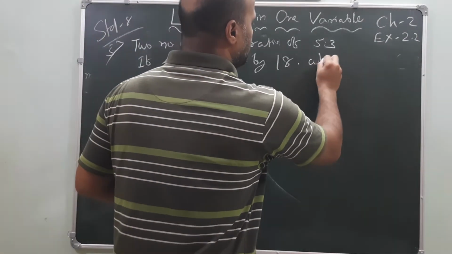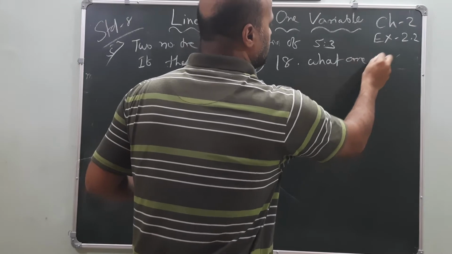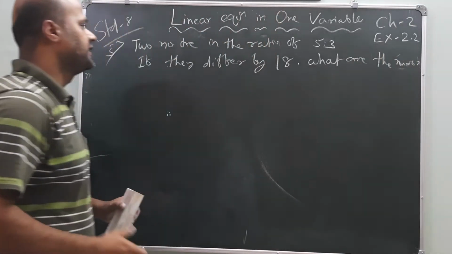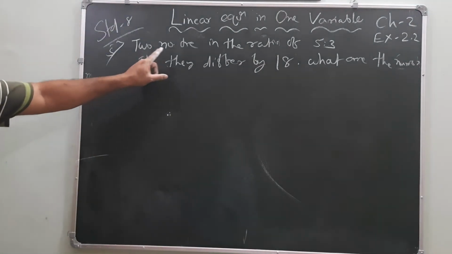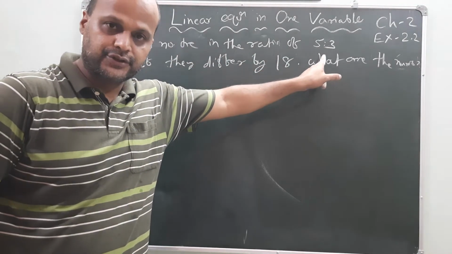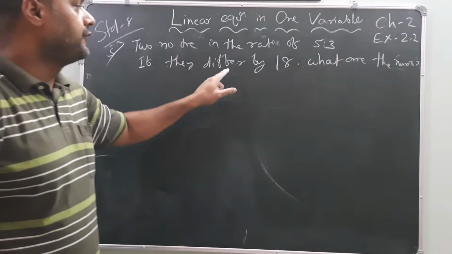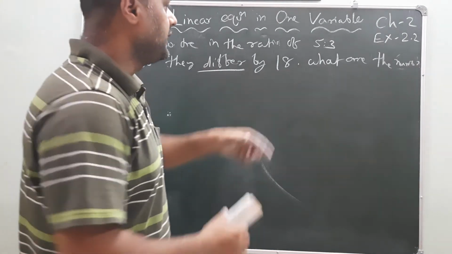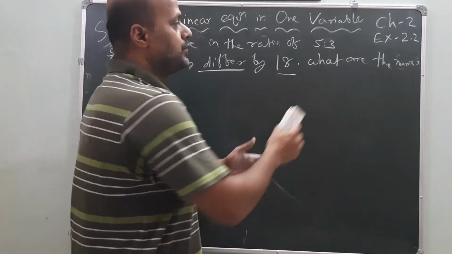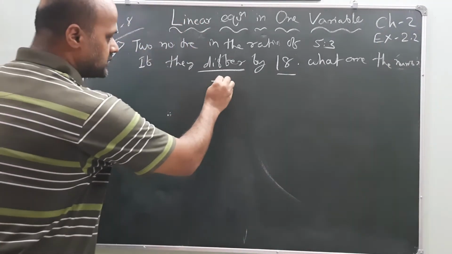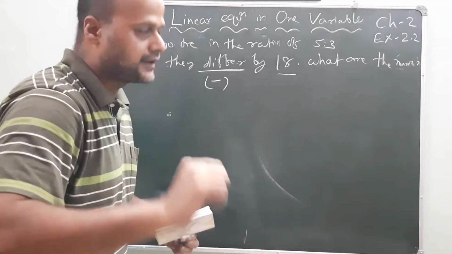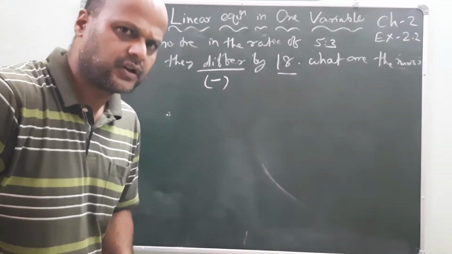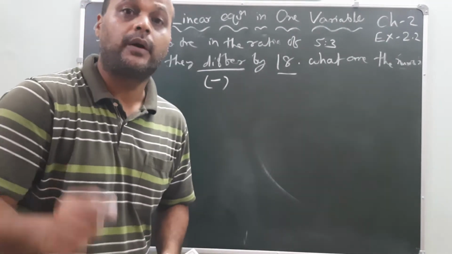So it says two numbers are in the ratio of 5 is to 3, and if they differ by 18, how much is it? 18. What are the numbers? Differ means minus, or you can say difference. Two numbers are in the ratio of 5 is to 3. Are the numbers given? No. It is given in the form of a ratio.